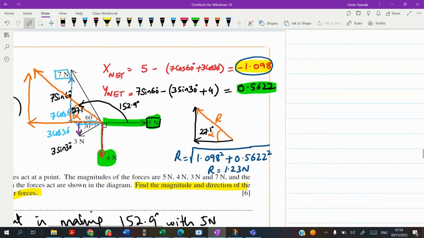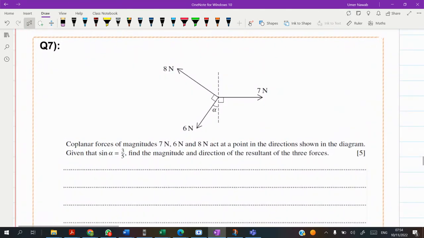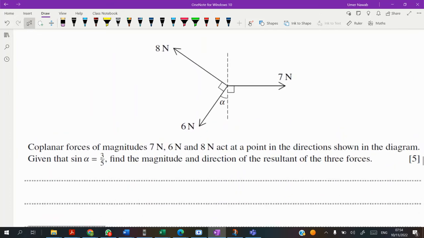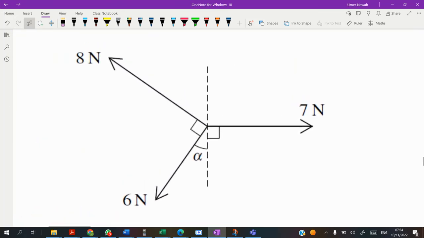After finishing with question number 6, let's move to question number 7. In question number 7, there are few things, guys, I want to mention to you. First time I have seen the forces are not making angle with the horizontal, but they are making angle with the vertical. So let me try to explain when I resolve this force, 6 Newton force.